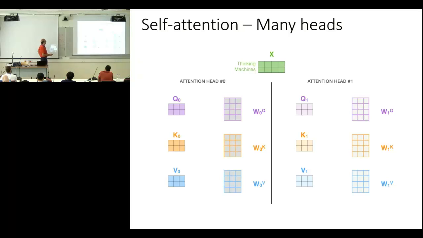In self-attention there is also another notion which is called many heads. Instead of having only one self-attention, we may have several such self-attentions, 8 self-attentions, and do all of them in parallel. What is the benefit?